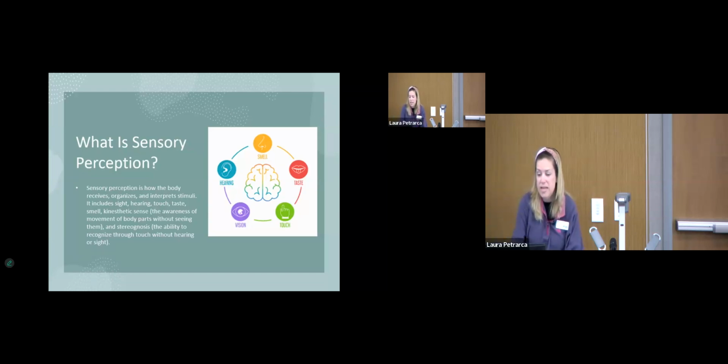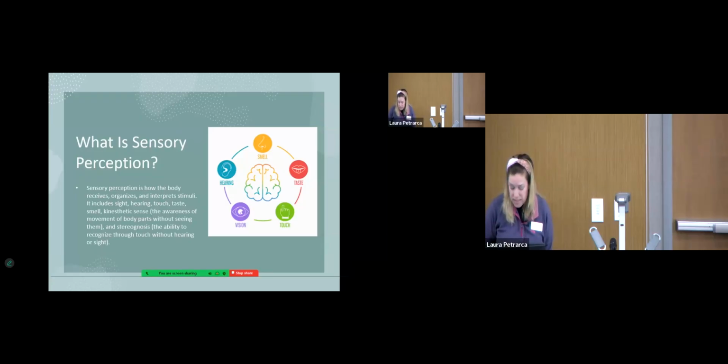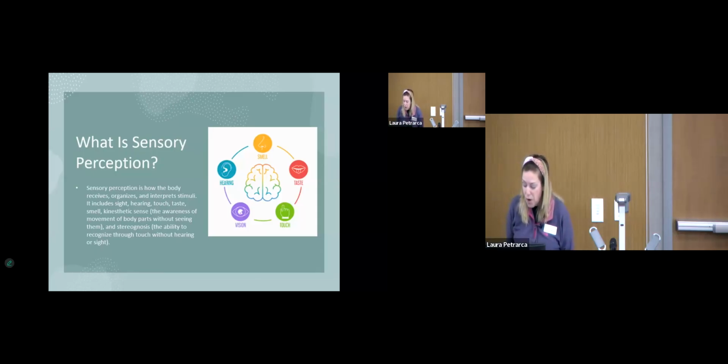So, what is sensory perception? Sensory perception is how the body receives, organizes, and interprets stimuli. That's our sight, our hearing, our touch, our taste, and our smell, and our kinesthetic sense, which is the awareness of movement of body parts without seeing them. I'm a kinesthetic learner, which is why I have to have this mic, because I'm always using my hands.